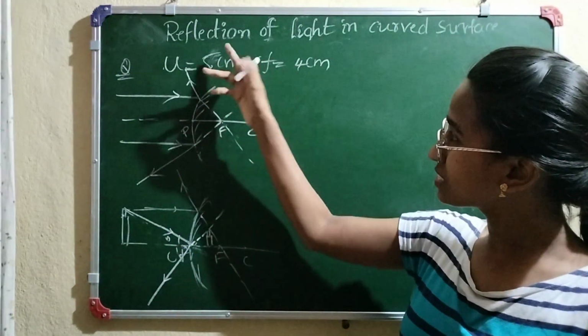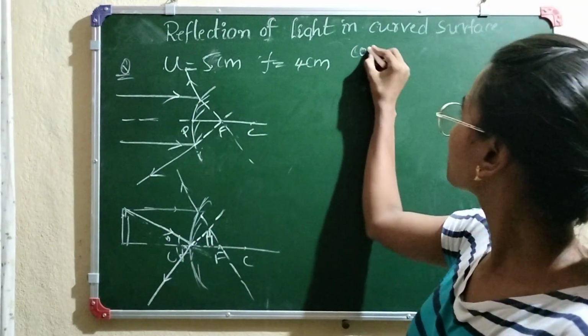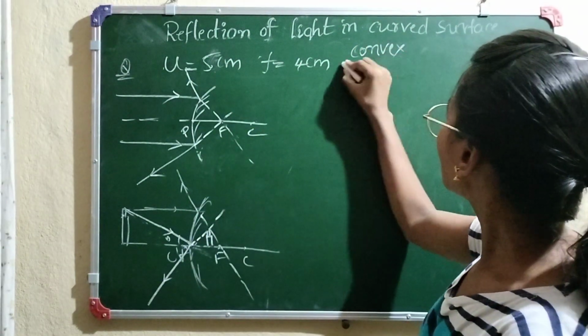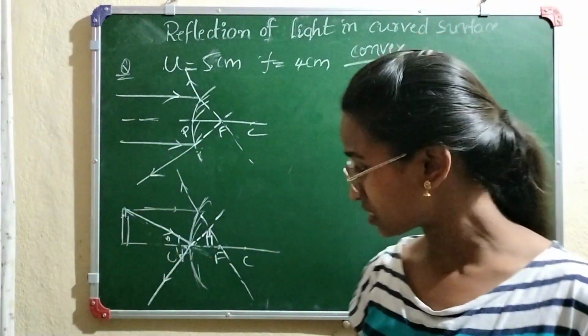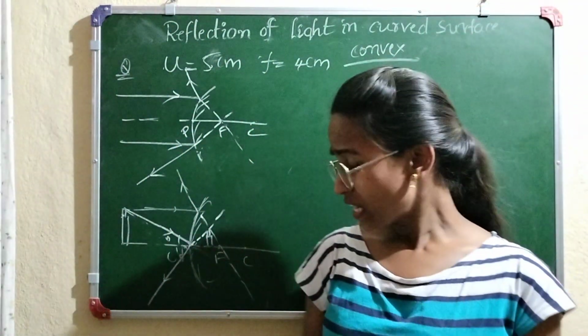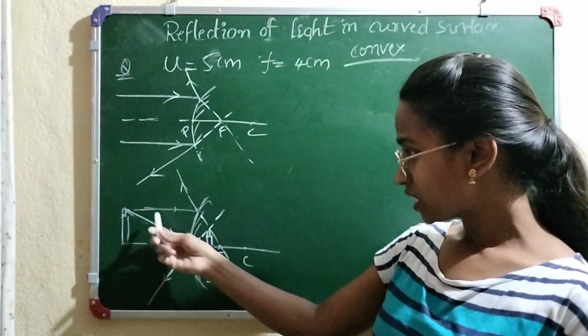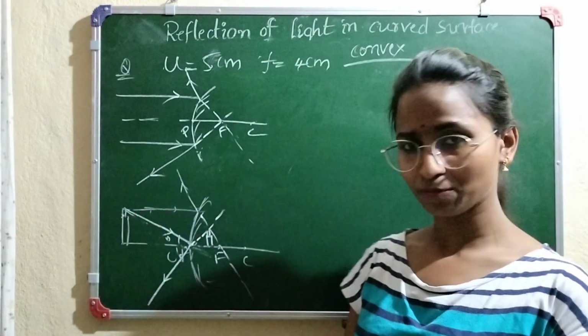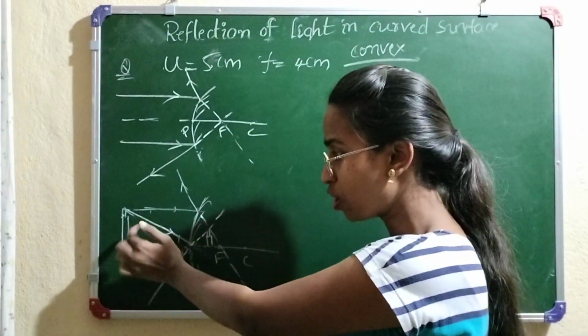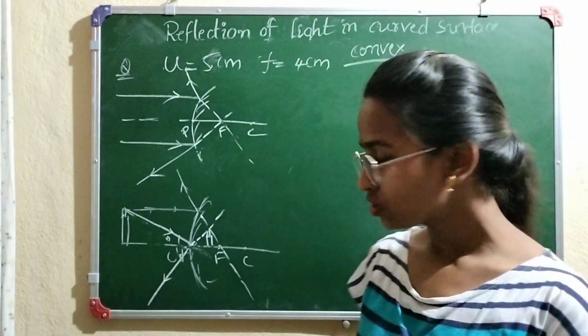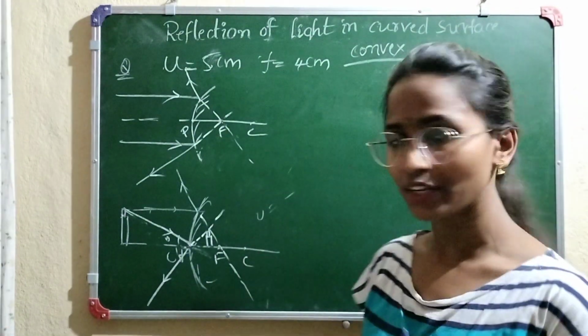This is for a convex mirror. I am keeping an object at 5 centimeters, which means at a finite distance. In this case, the incident ray direction is this side. The object distance we have to measure opposite to the incident ray, am I right? So u will be negative.